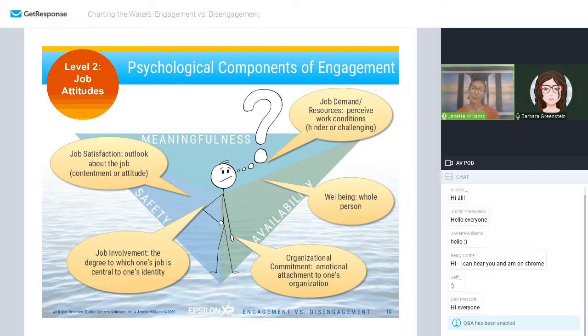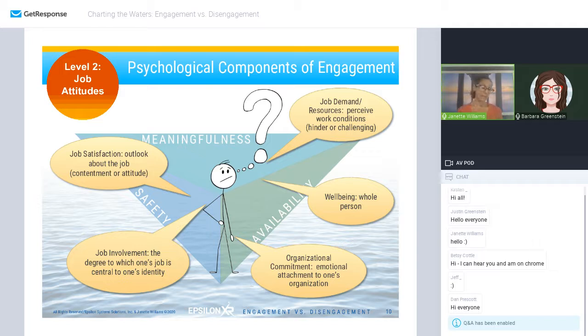If we think about these different job attitudes, they lay on top of level one, the psychological components. These mechanisms are what you'll find mostly in the literature, and where you'll find them in buckets in terms of employee engagement surveys. Job demand and resources is about the perceived working conditions.